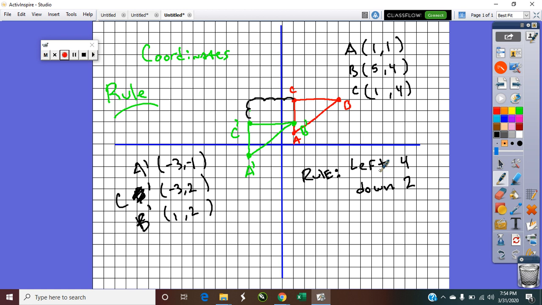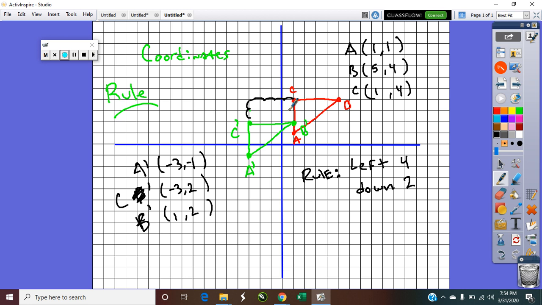So anyways, for B, I went from 5 to 1, meaning I went left 4, and then from 4, subtracting 2. So for B, it worked, and for C, I went from 1 minus 4, because I went left, that would be -3, and 4 minus 2 would be 2.